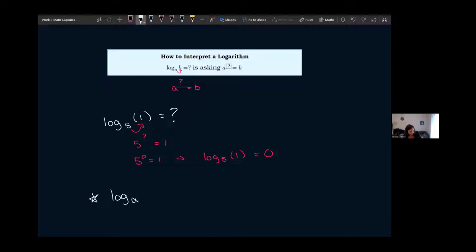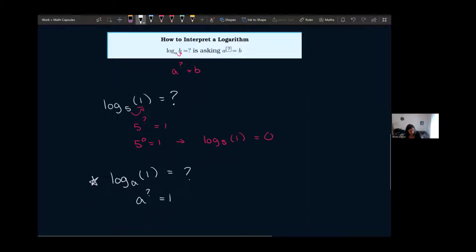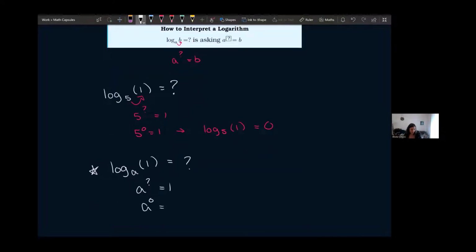No matter what base I write, if I'm asking log of 1 equals, I'm asking that base to the power of what gives me 1, and the answer would always be 0. So this is an important property of logarithms, that no matter what base you choose, log of 1 is always 0.